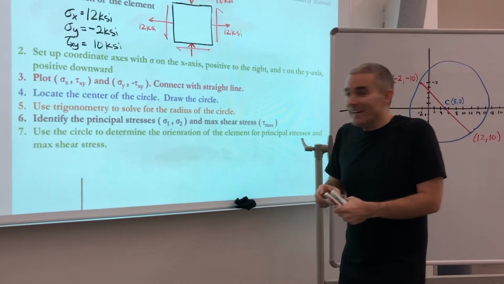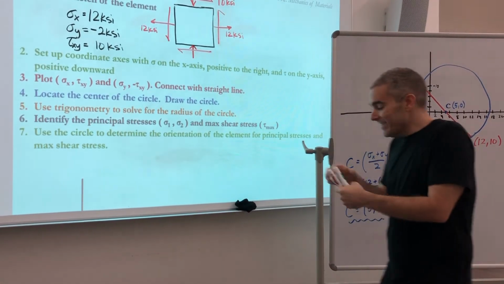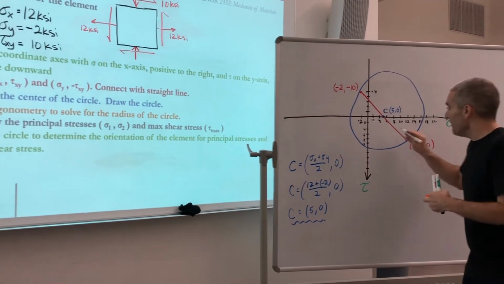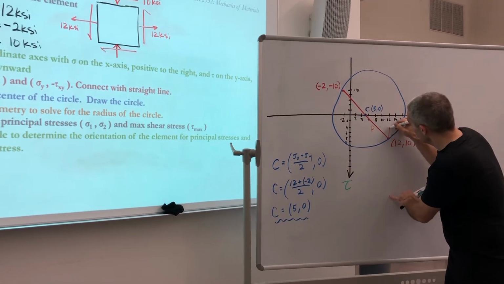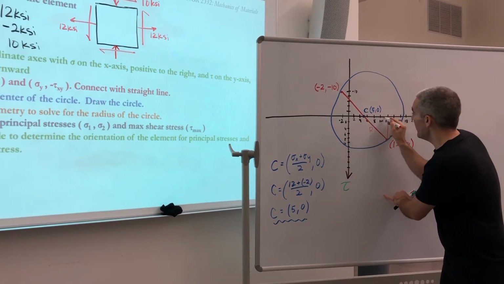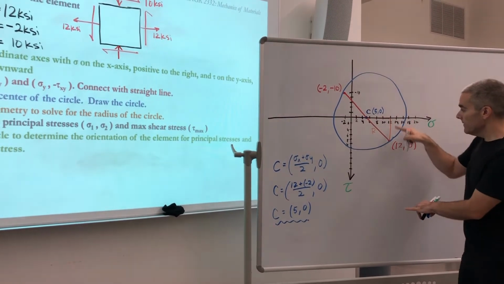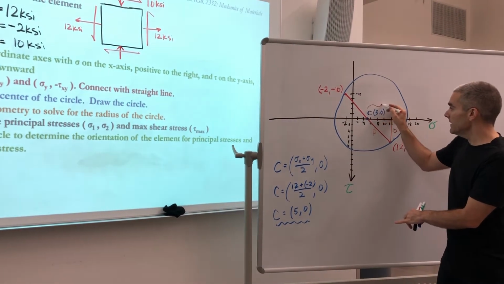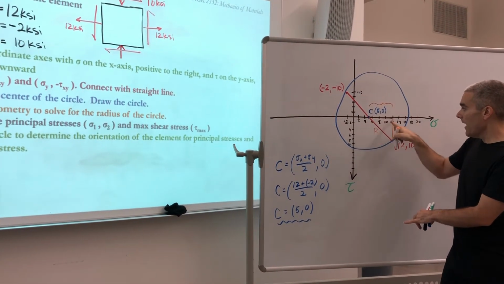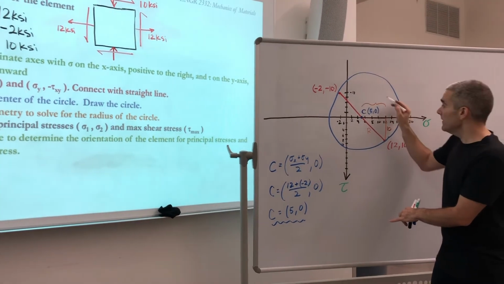From 5, we want to use trigonometry to solve for the radius of the circle. Remember, this is my radius. Here's that inner triangle. This vertical distance is 10. This horizontal distance is 5 to 12, so that's 7.